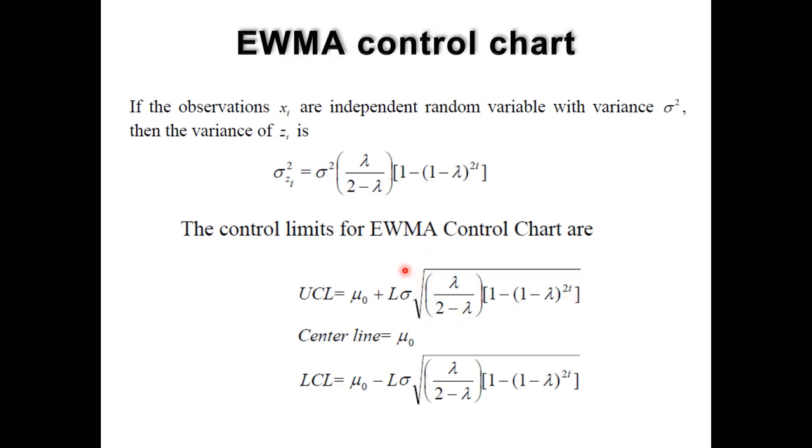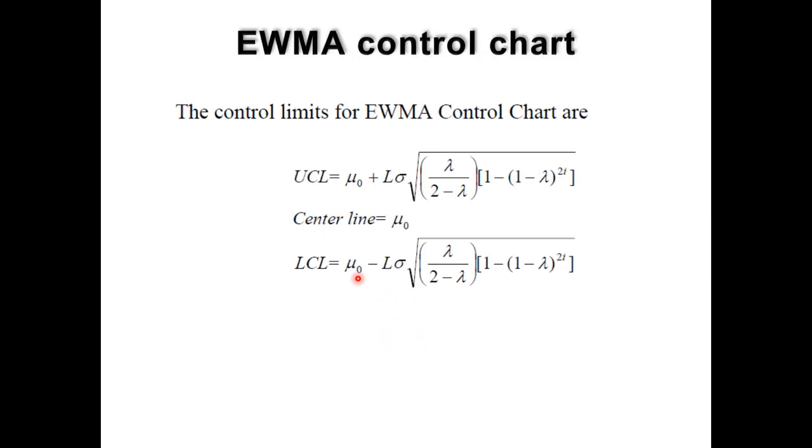This is simply L times the standard deviation, which is actually the square root of the variance of the Z statistic, which is the Ewma statistic. So this is the computation of lower and upper control limit for the Ewma control chart, where the center line is actually mu naught itself.